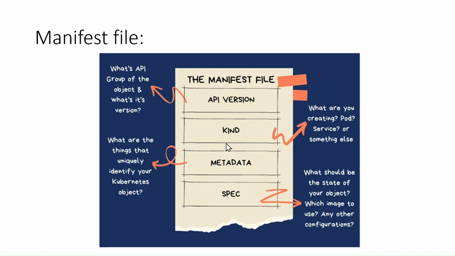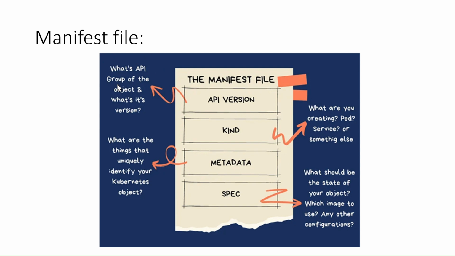In a manifest file, what content do we find, or what details do we provide to create the containers and other things? Initially we have the API version. If I'm using Apache, or any security or service mesh technology like Istio, whatever technology we use, we need to pull it from Docker Hub.